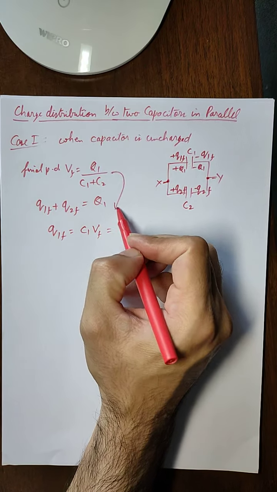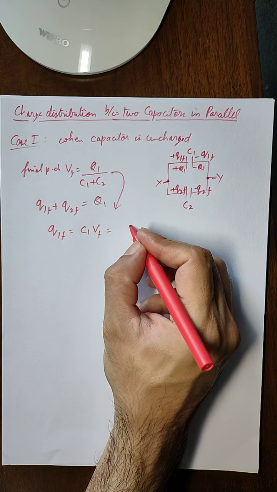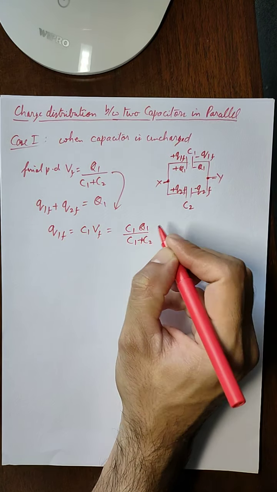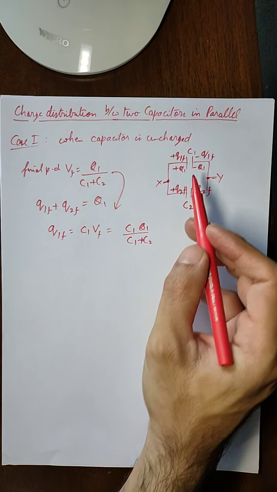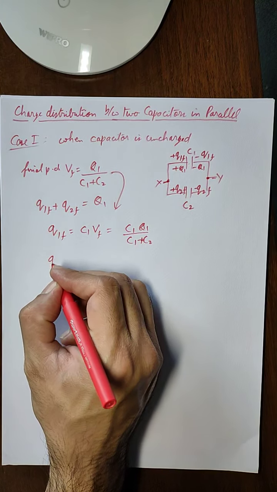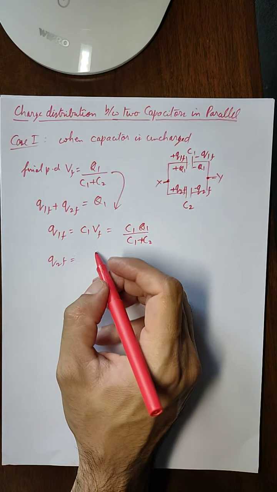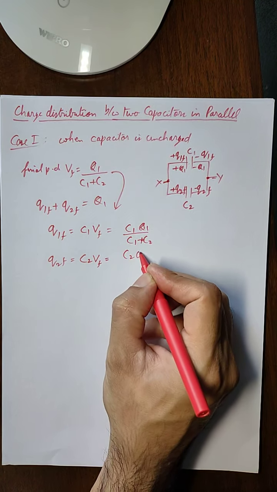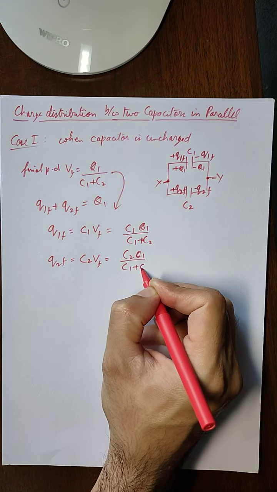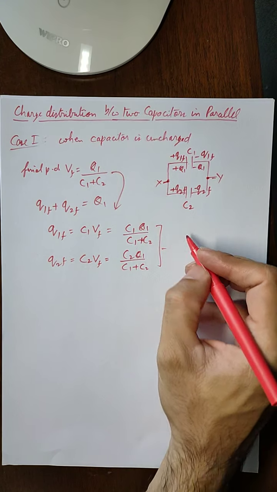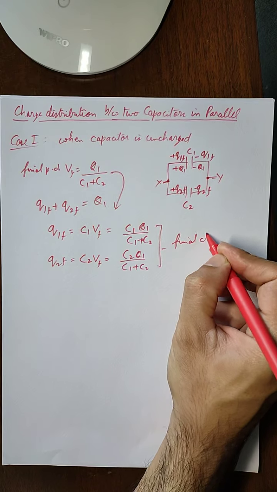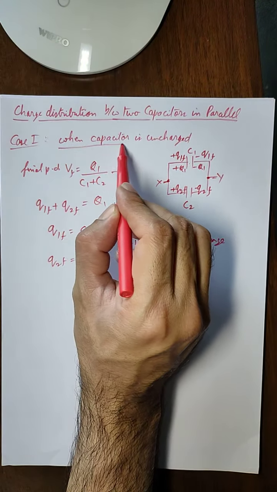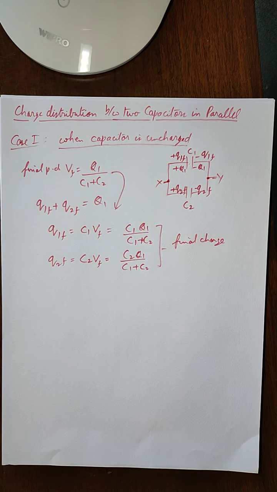Substituting the value of Vf from here, we can write it as C1 Q1 upon C1 plus C2. So this will be the final charge on capacitor C1, and similarly the final charge on capacitor C2 will be given by C2 Vf, so it will be C2 Q1 upon C1 plus C2. So this will be the final charge distribution for this particular case when one of the capacitors is uncharged.